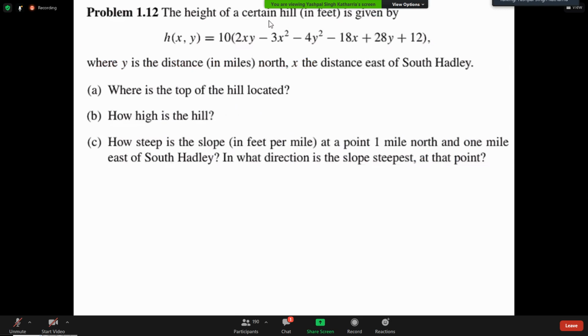The height of a certain hill, and where is the slope? In the third part: how steep is the slope at the point 1 mile north, 1 mile east? So it is the maximum slope. Gradient is the maximum slope, right? If we are given maximum slope, then it means gradient. Right. Okay, sir. Thank you, sir.